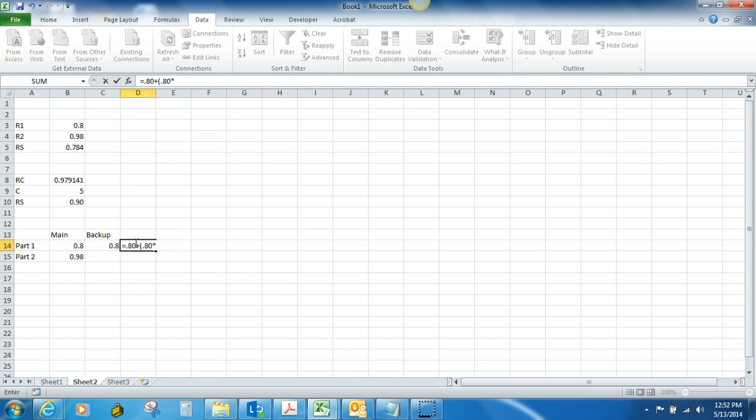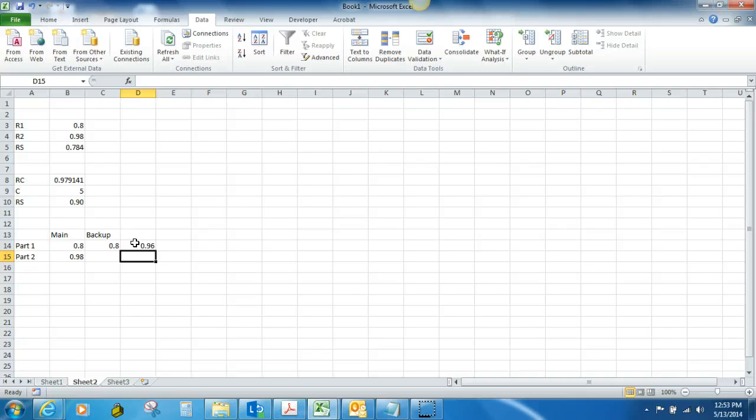So 80% times 20%. You're having to use the second part only 20% of the time. So you're going to add that to the other 80%, and that's going to tell you the reliability of this system. Okay, so the whole resulting system from the main and the backup is 96% reliable.